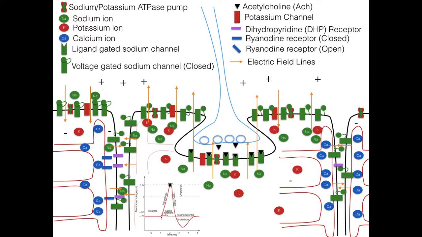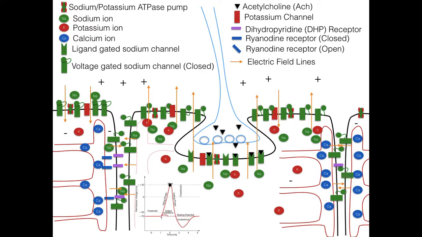First off, we shouldn't forget the synapse, right? The synapse has been being stimulated for a while. It's still letting sodium in through the synapse because there's still acetylcholine bound to these ligand-gated sodium channels.